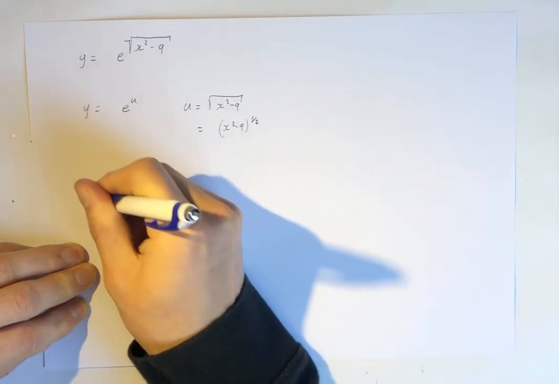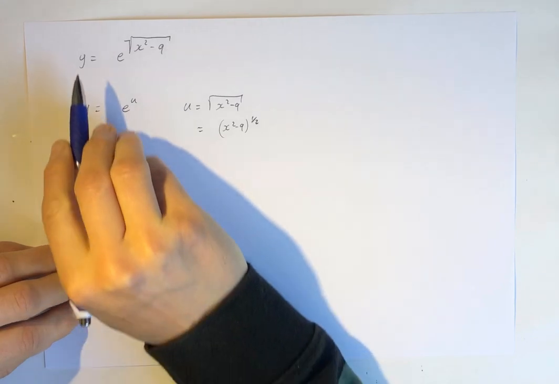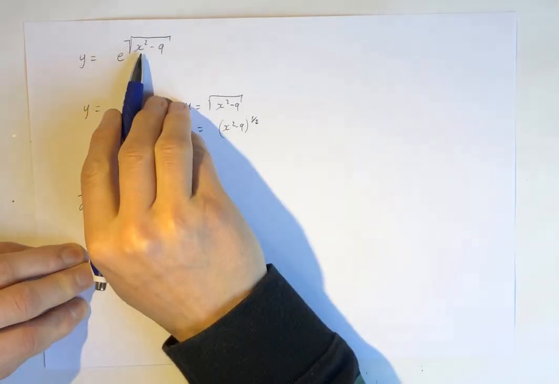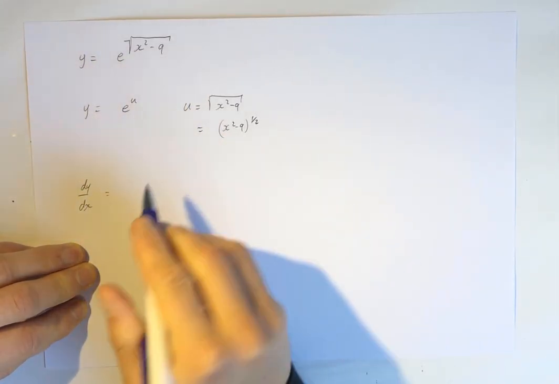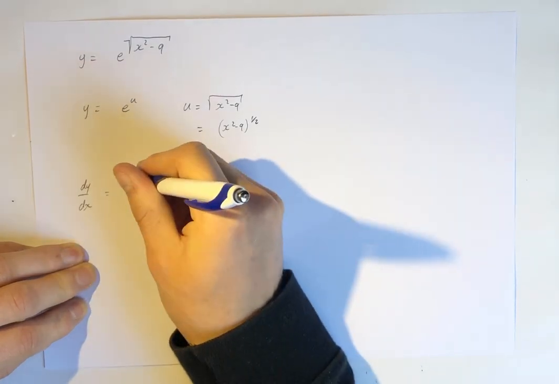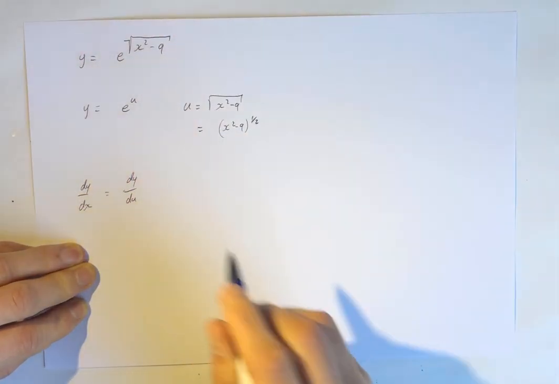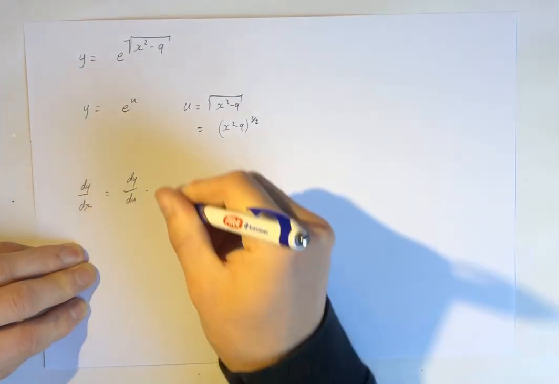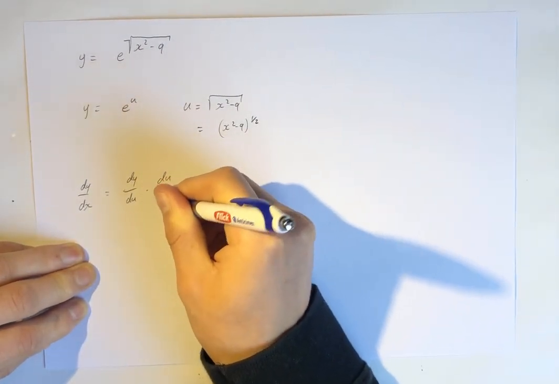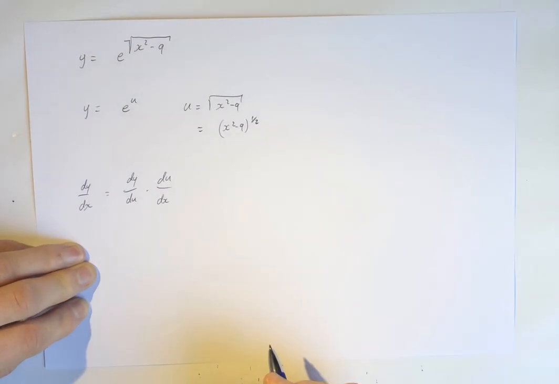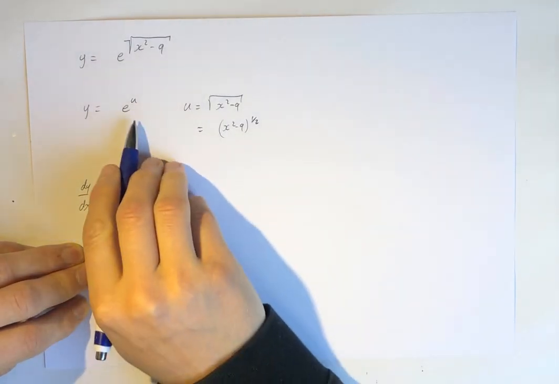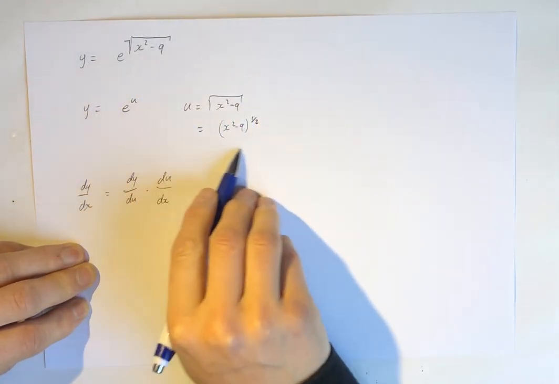So dy dx, the derivative of this function with respect to that variable x, is going to be the derivative of y with respect to u, so derive the outside function, multiplied by the derivative of u with respect to x, so times by the derivative of the inside function.